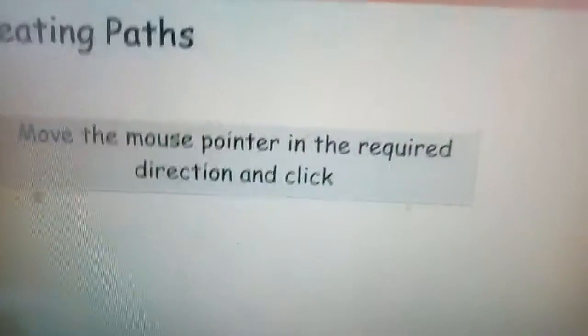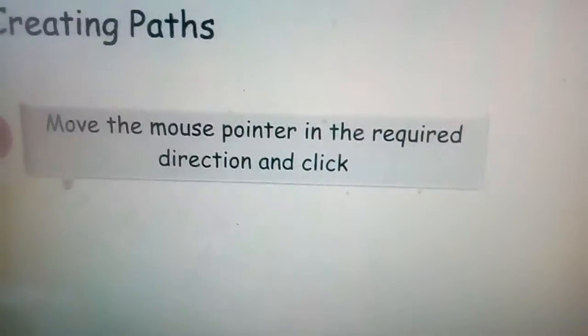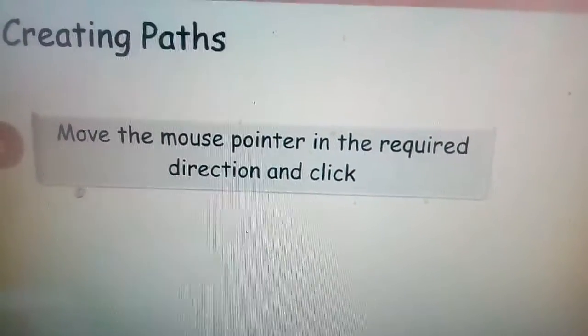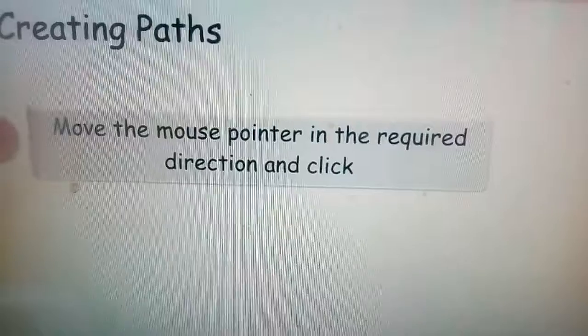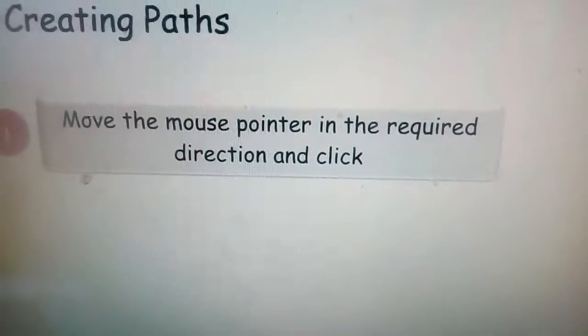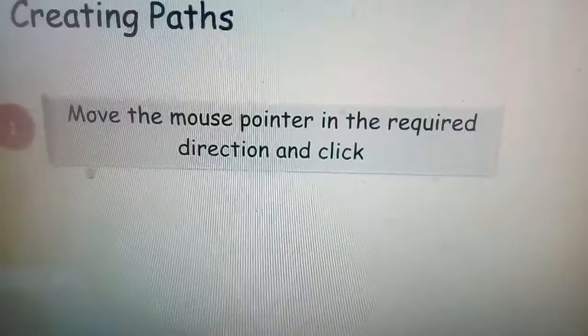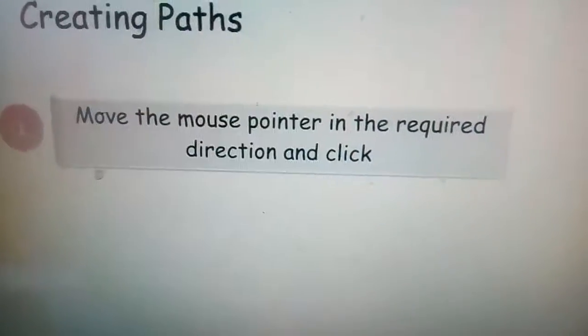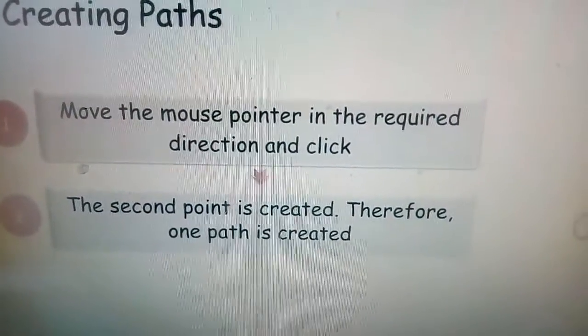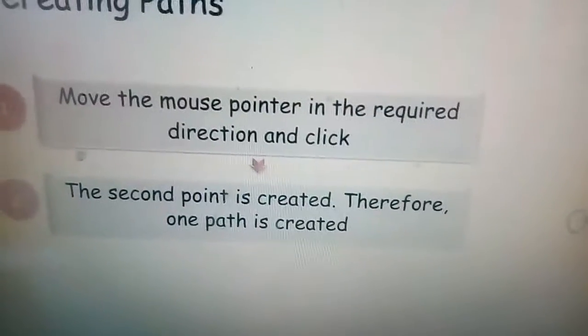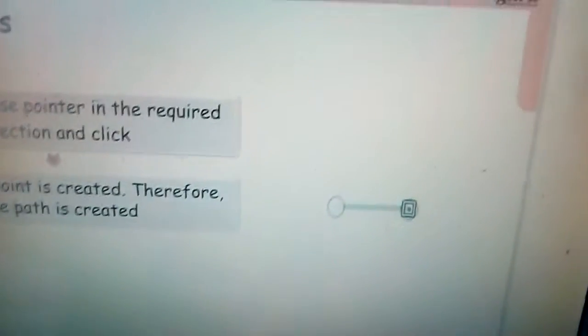Then move the mouse cursor in the required direction, up to where you want to create the path or curve. Go in that direction and click over there. The second point is created, and therefore one path is created like this.